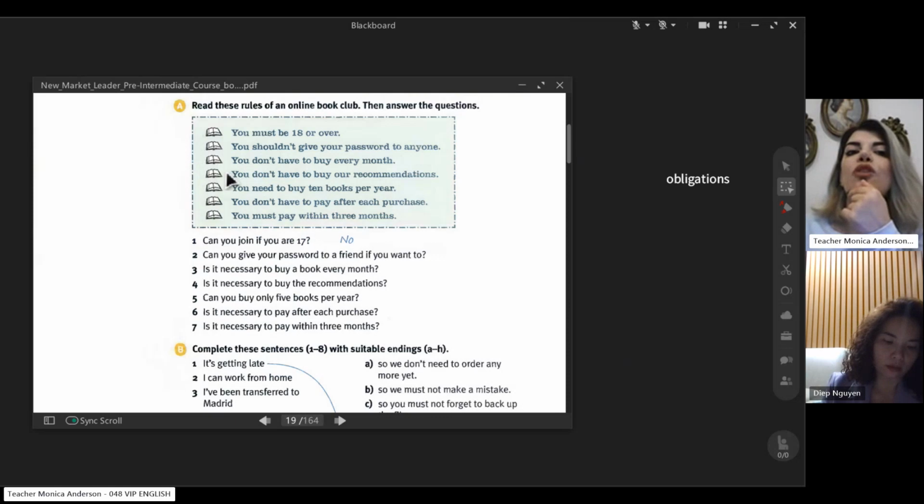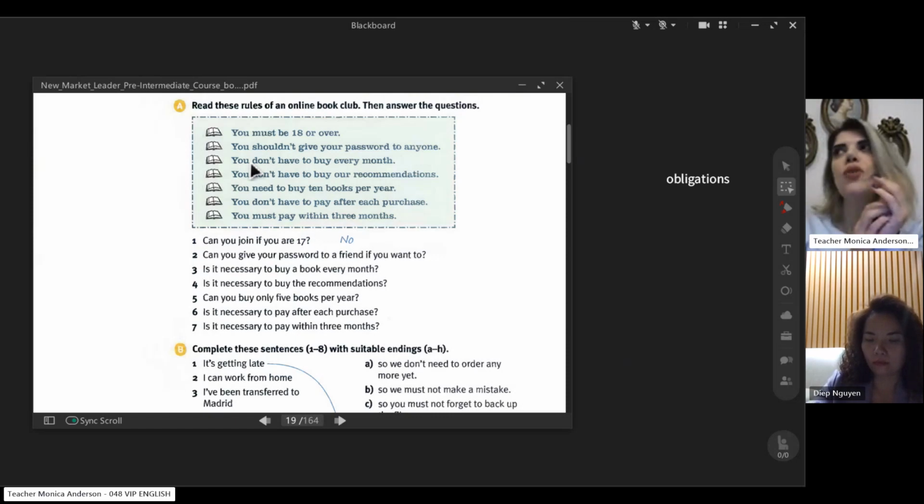But here we have you don't have to. Don't have to means actually stronger than needn't. So it's better to say you don't have to pay after each purchase. You needn't is okay. It means if you pay, it's okay. But don't have to is a bit stronger.